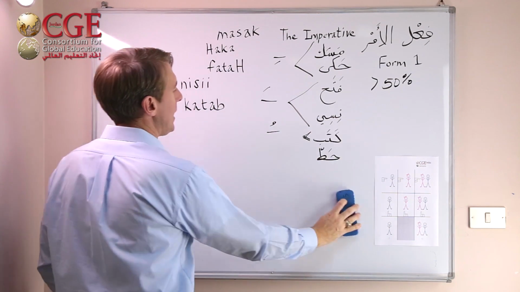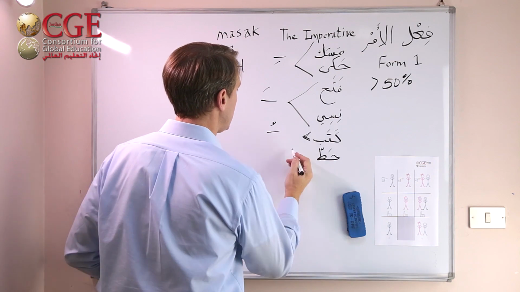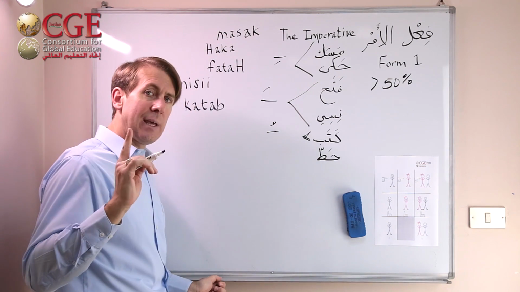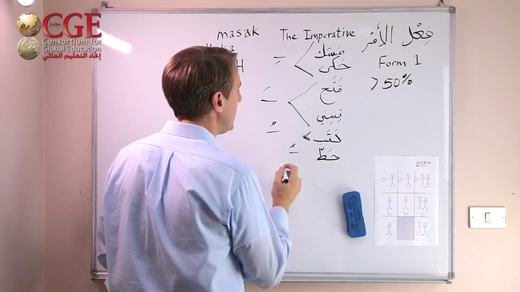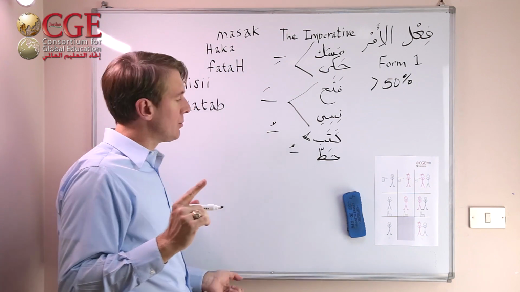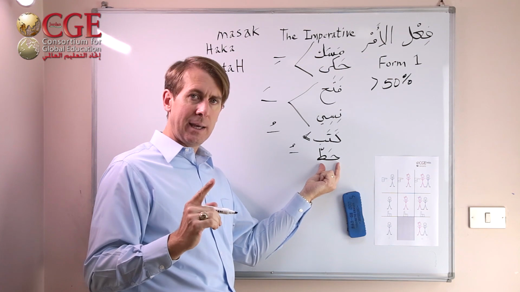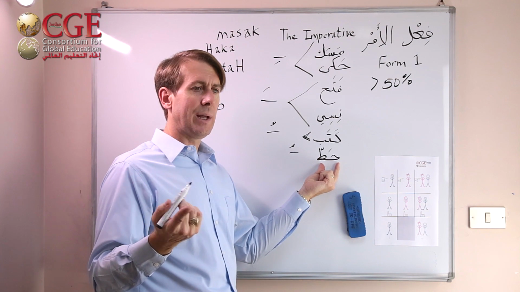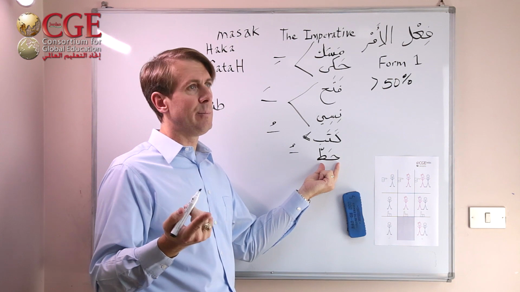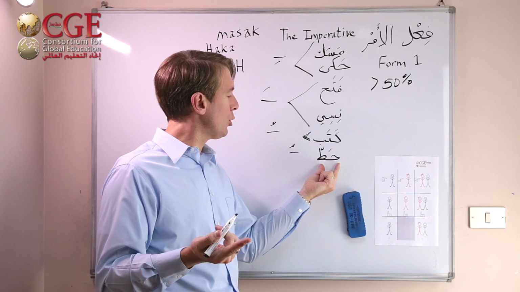All right, now the last one is hat. Hat just happens to take damme. However, these verbs can take either, it depends. For example, red is rud, keb is kib or kub.